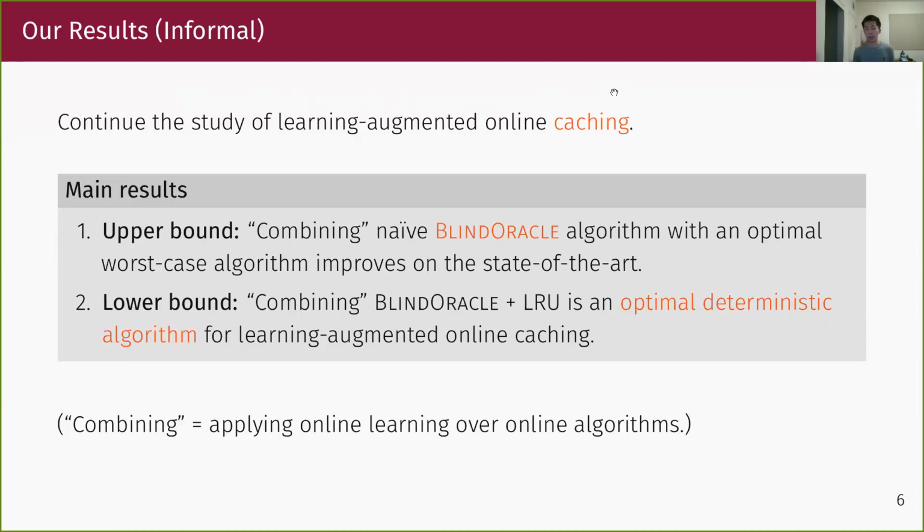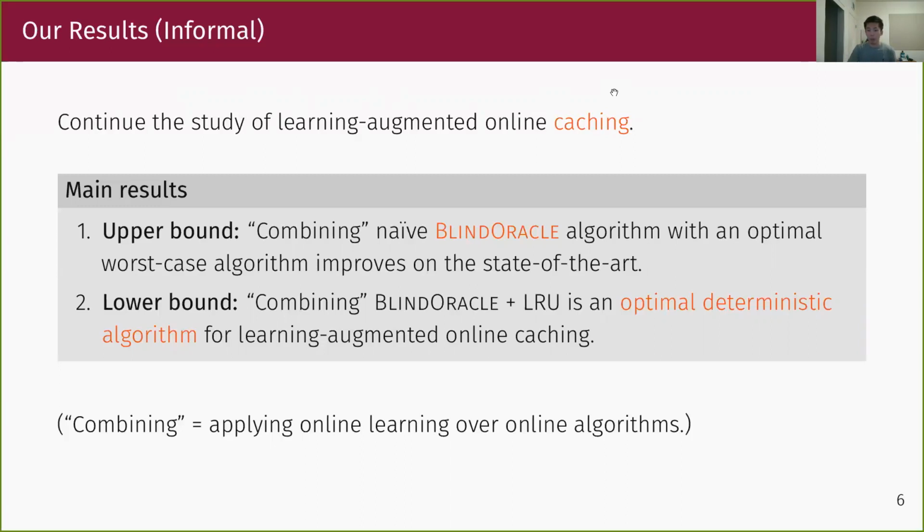So combining blind oracle with the marker algorithm gives a better C of eta function than prior work. For the lower bound, I show that combining blind oracle with LRU is optimal among all deterministic algorithms for learning augmented online caching.